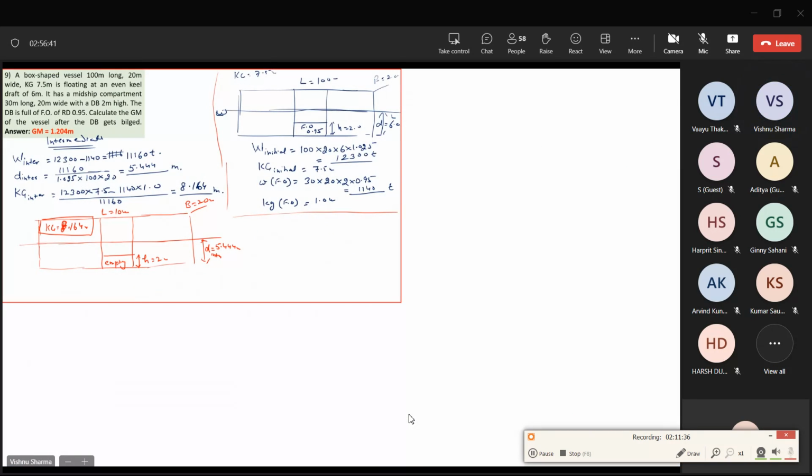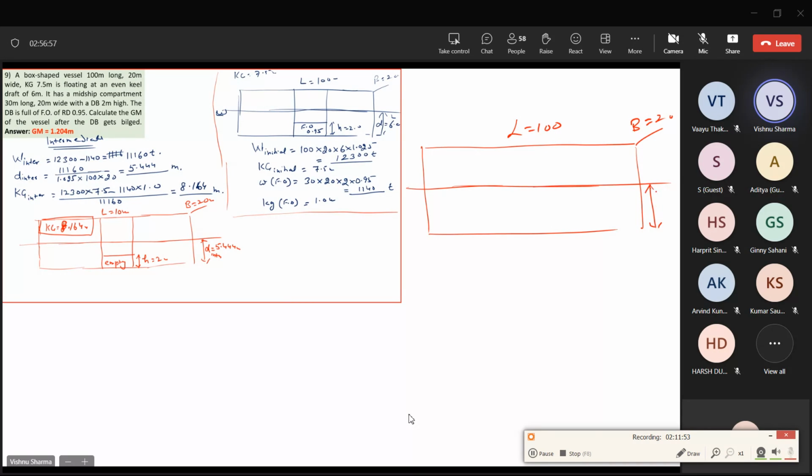Okay, now if I make this intermediate diagram here, intermediate condition, in which the length of the vessel is 100, my breadth is 20, my vessel is floating at an even keel draft of 5.444.